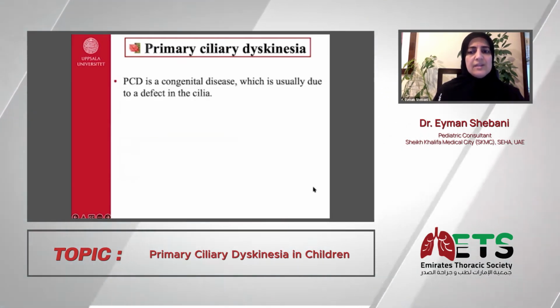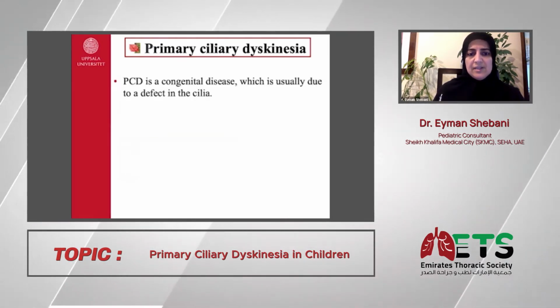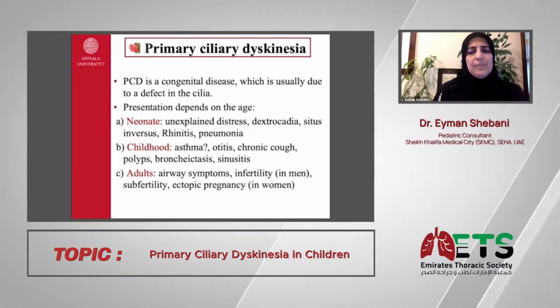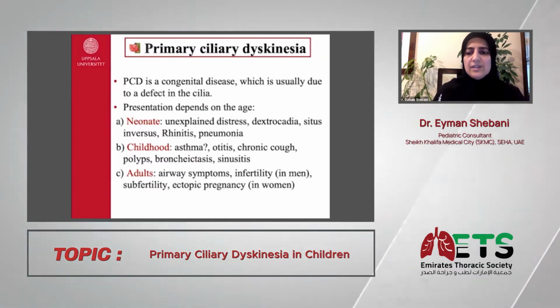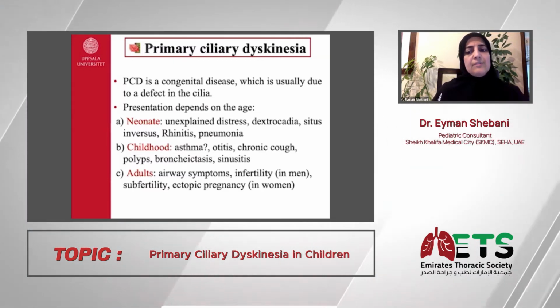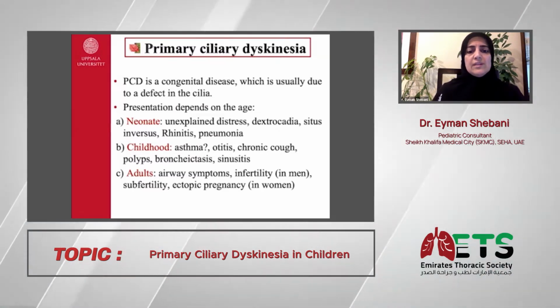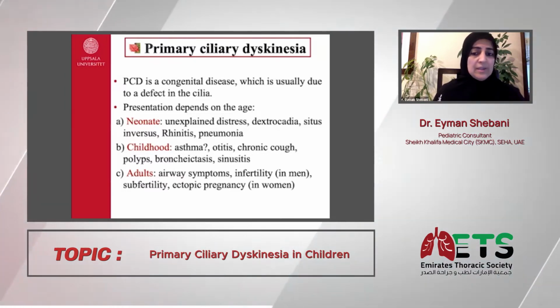So primary ciliary dyskinesia. It's a congenital disease, which is usually due to a defect in the cilia. The presentation depends on the age. Like in the neonatal period, they can present with unexplained distress. The patients who have dextrocardia or situs inversus, we have to keep in mind.